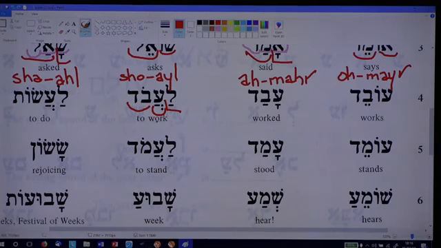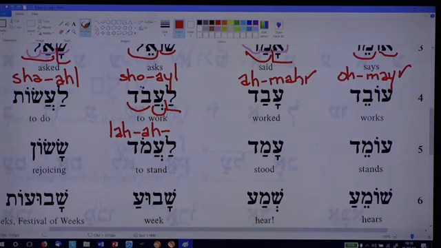This, okay, it's to work on line 4, because I want to talk about this crazy vowel right here. So the lamed with the patach is pronounced la. We're going to ignore the shva right there. We don't need to talk about it. It's just there.